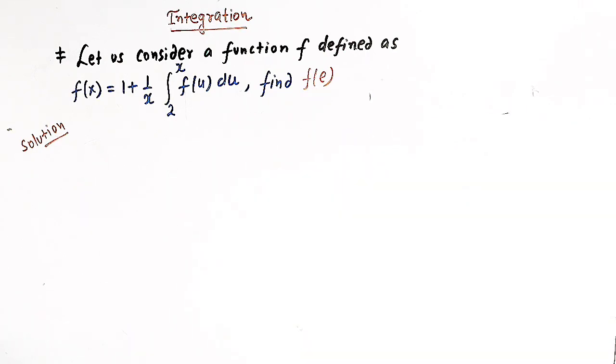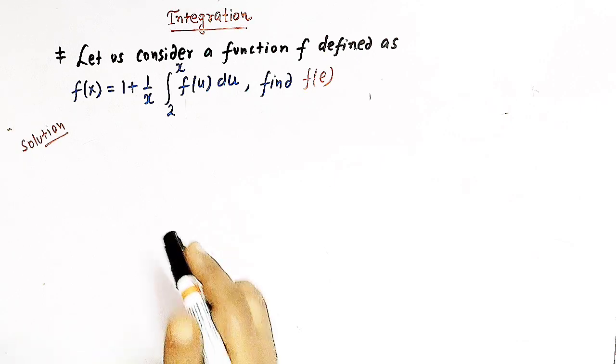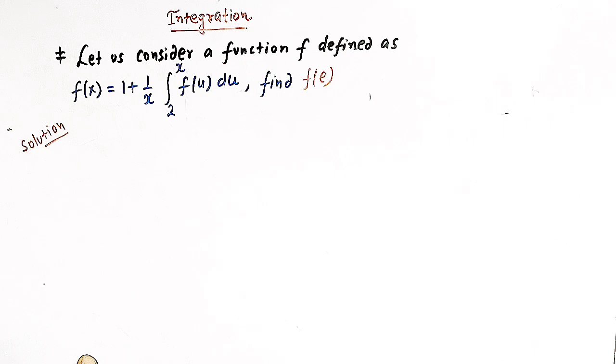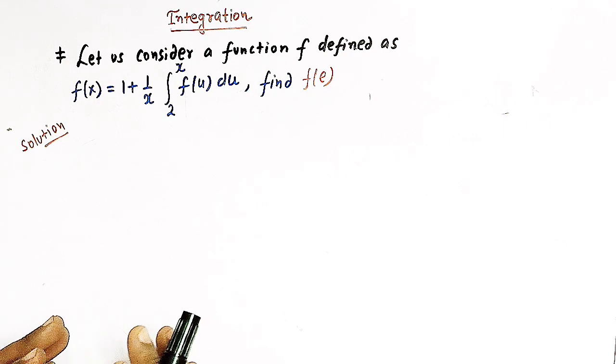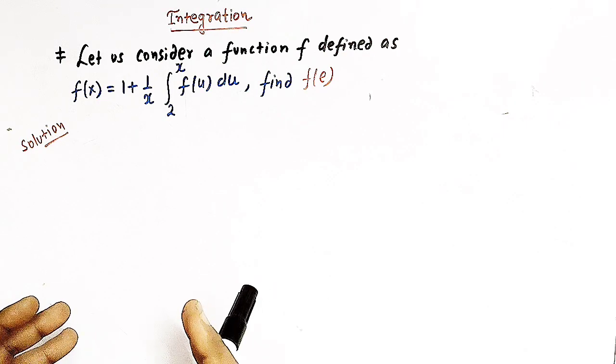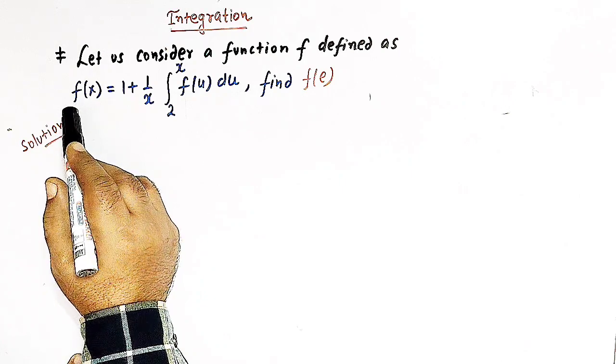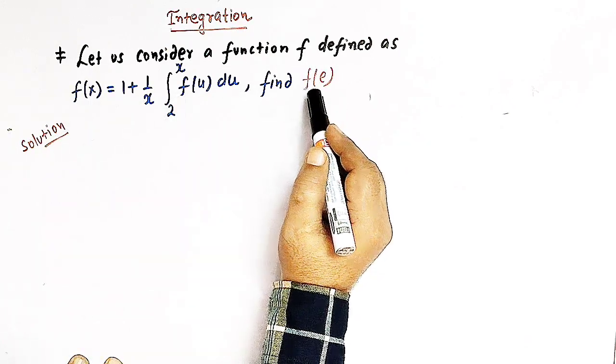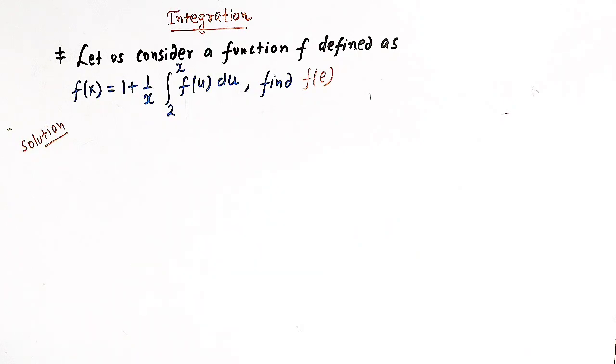So here what we will do, we will first solve this equation to get the form of the function f of x. Once we get the function f of x, we can easily find out the value of f of e by substituting x is equal to e, right?